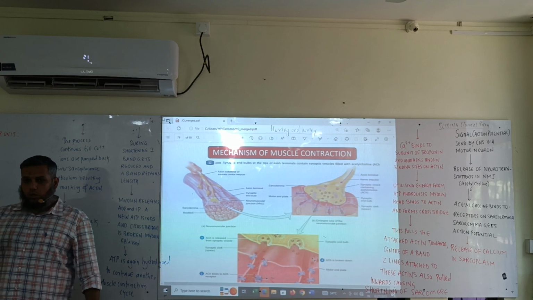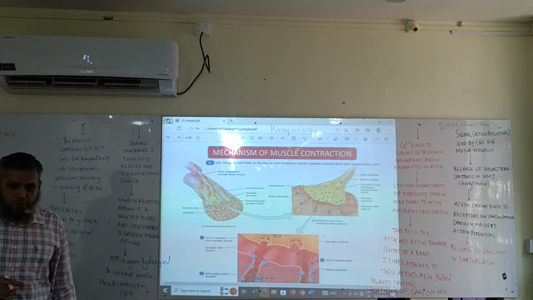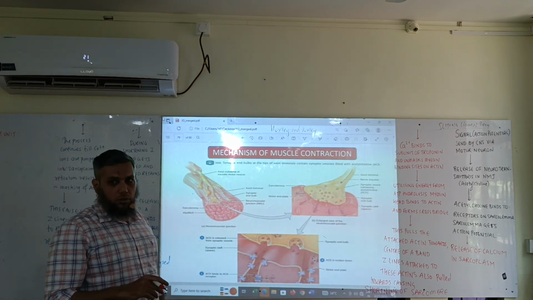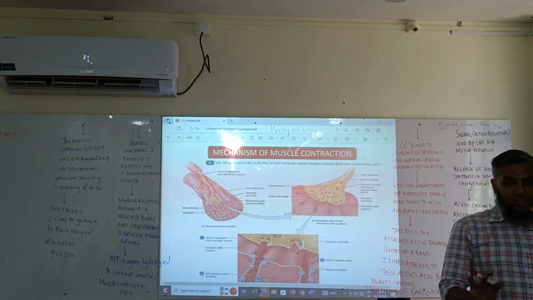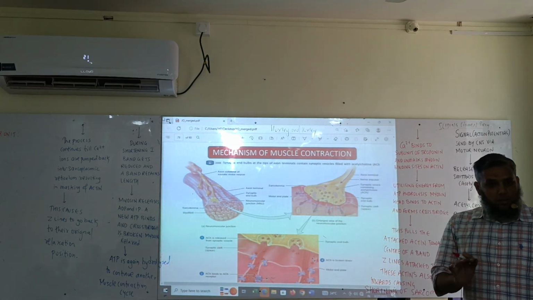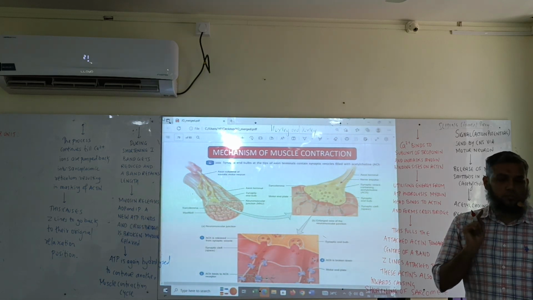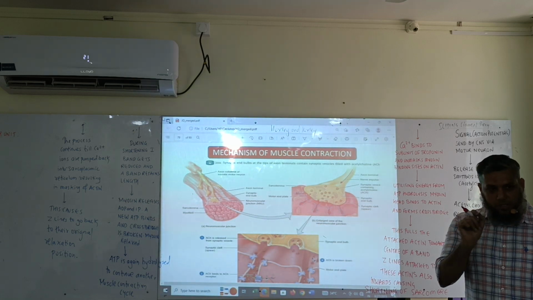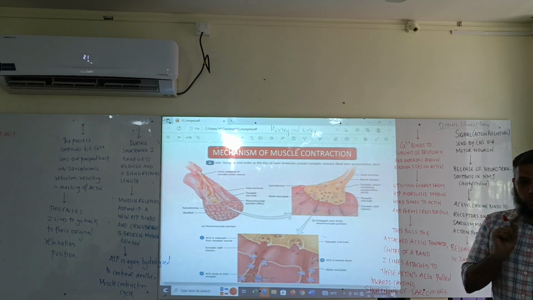You know motor neuron? Can I say it carries the signal towards the central nervous system? Motor neuron carries the signals, and the motor neuron along with the muscle fiber that it carries the signal to is called a motor unit.